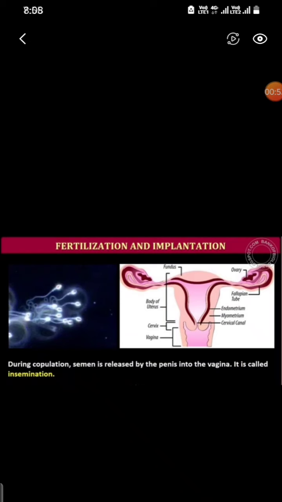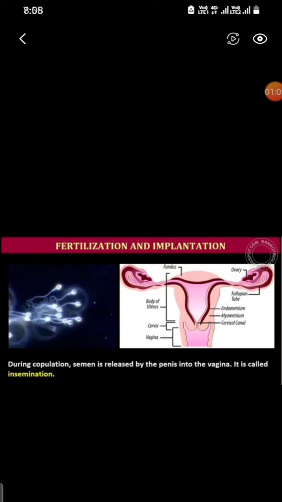So fertilization is nothing but the fusion of male and female gametes, that is the fusion of egg and sperm, right? During copulation or mating, the semen is released by the penis into the vagina.